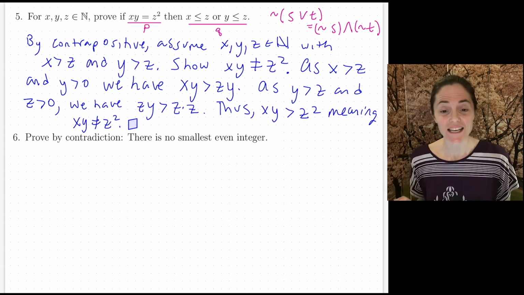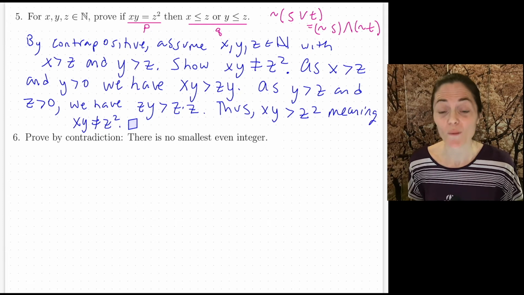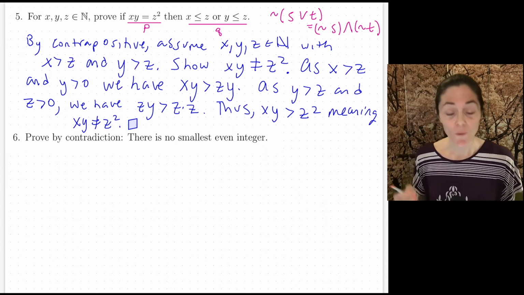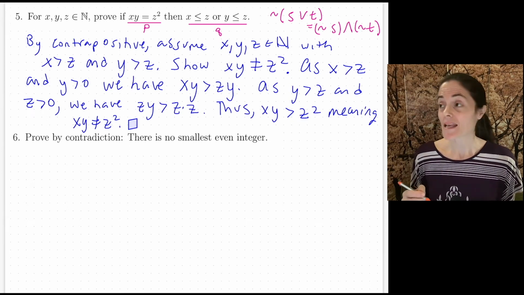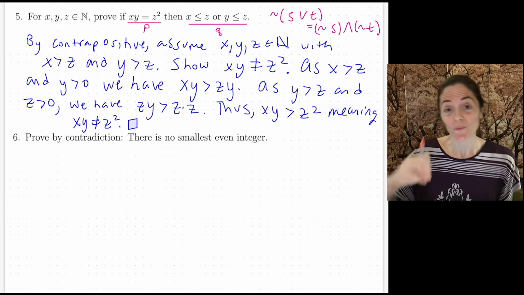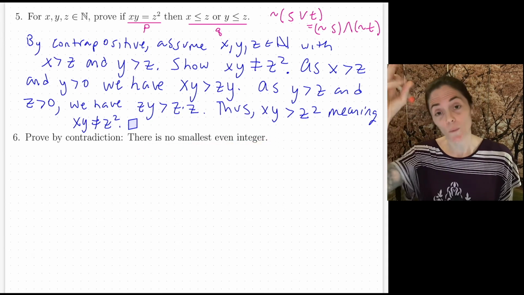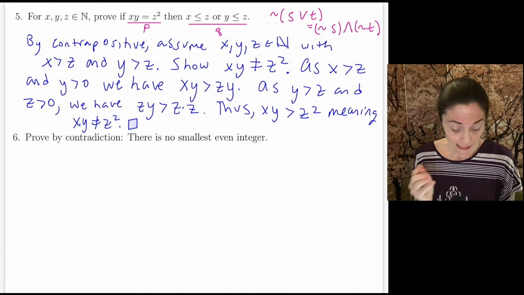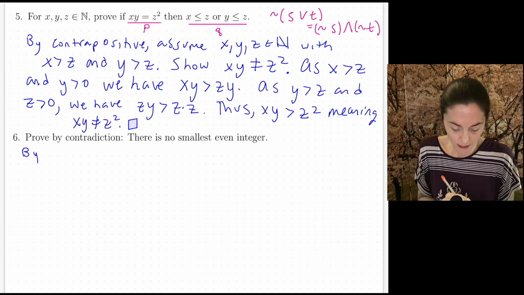Now, contradiction. Prove there is no smallest even integer. How can we do this? Well, we know in a proof by contradiction of a statement, say, S, we assume not S is true, and then we argue until we reach something that's always false. So let's do this here by contradiction.